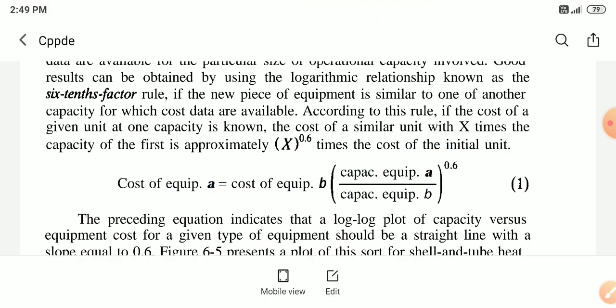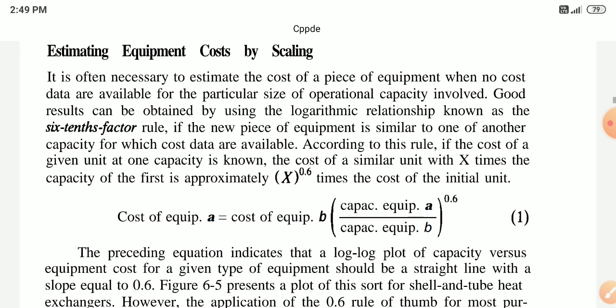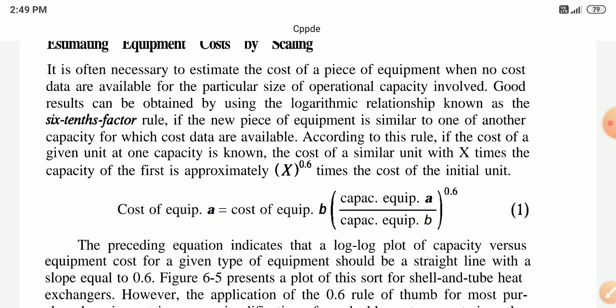Six-tenths factor rule. It is often necessary to estimate the cost of a piece of equipment when no cost data are available for a particular size or operational capacity involved.